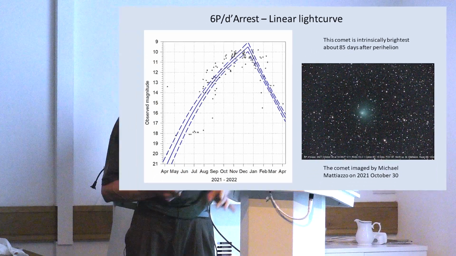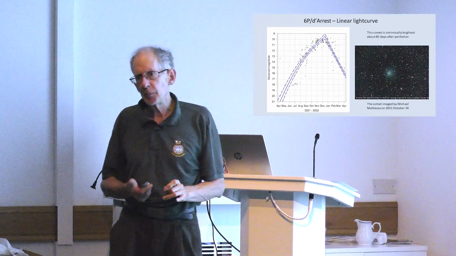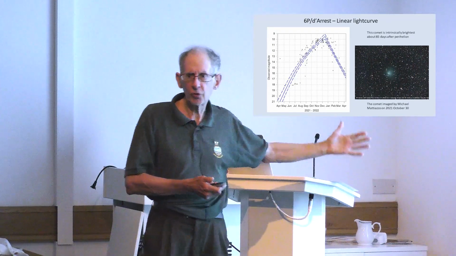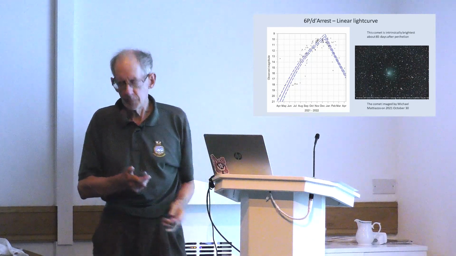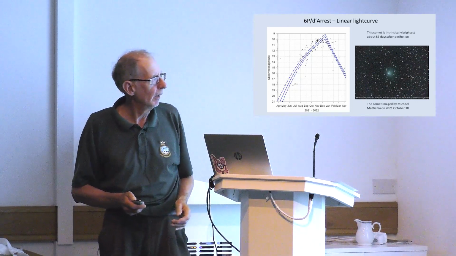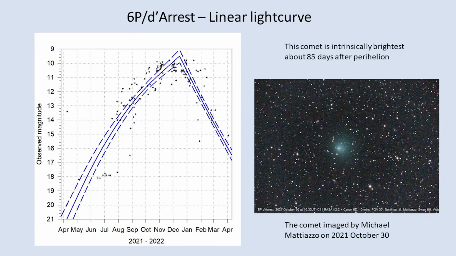So it's currently about 85 days after perihelion, but if we go back several apparitions, it was a shorter time period after perihelion. But again, using that type of light curve, it gets a pretty good fit to all the observations, although there is quite a lot of scatter involved.